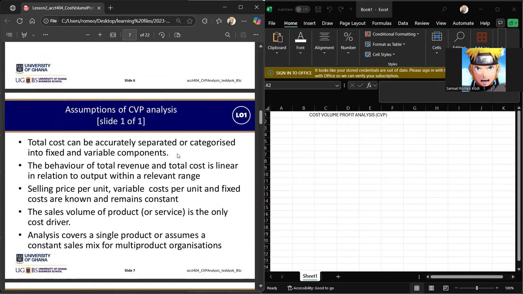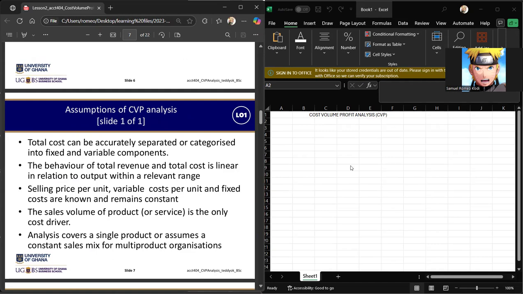The behavior of total revenue and total cost is linear in relation to output within the relevant range. Selling price per unit, variable cost per unit, and fixed costs are known to remain constant. The analysis covers a single product or assumes a constant sales mix.